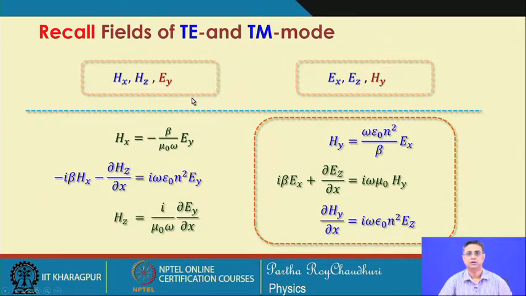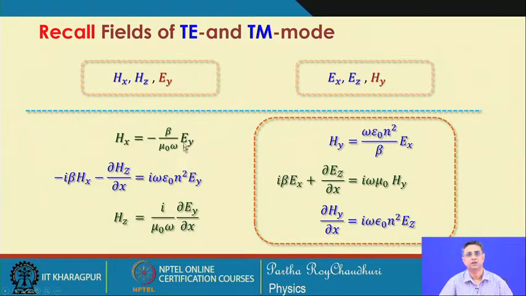Now, let us recall the TE and TM modes and their associated fields. The TE mode is characterized by Hx, Hz and Ey, whereas TM modes are characterized by Hy, Ex and Ez, and the corresponding equations we have seen: Hx and Hz are connected to Ey.